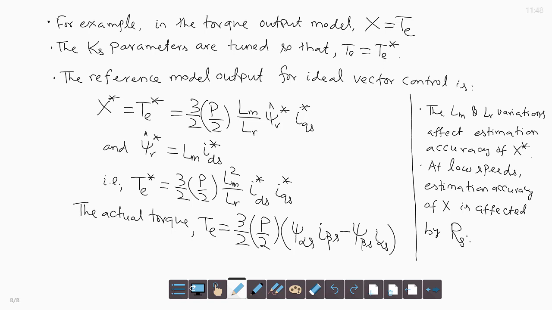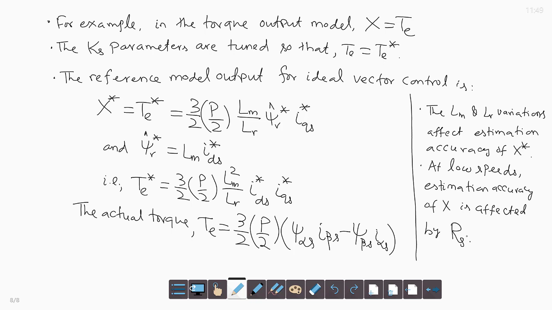So, the stator resistance drop is the predominant part of the applied voltage, and the estimation accuracy of x is affected. So, the adaptive model has an estimation challenge at low speeds, and also when the parameters Lm and Lr vary, this affects the accuracy of x star.